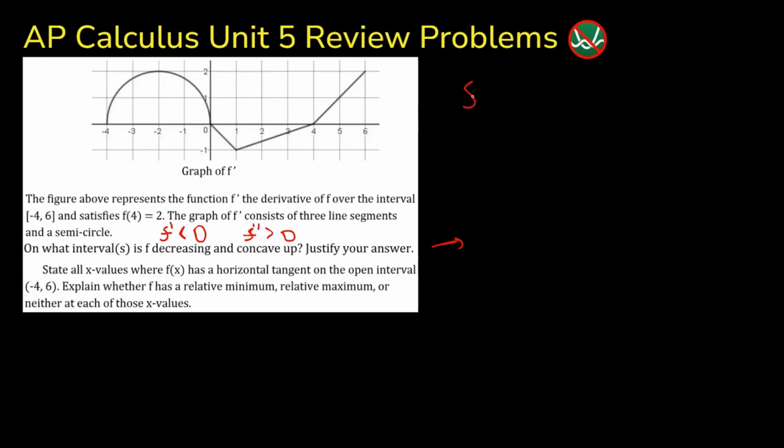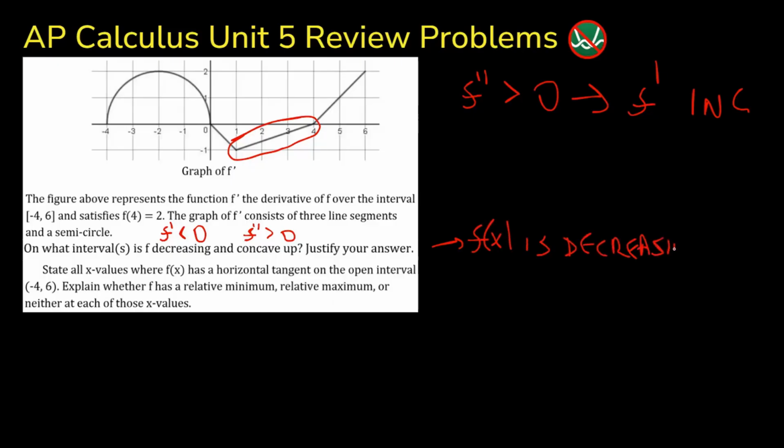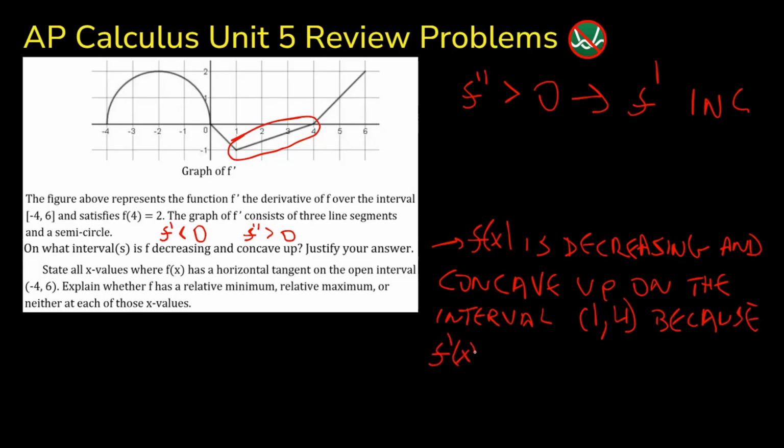So if the second derivative is positive, that means f prime is increasing. Well, that occurs on this interval right here from 1 to 4. That's where the second derivative is positive and the first derivative is negative. So we would say f is decreasing and concave up on the interval 1 to 4 because f prime is negative and increasing.